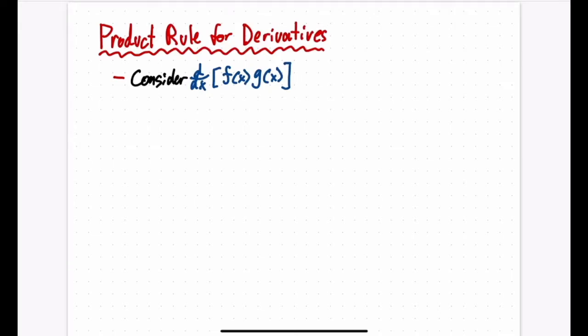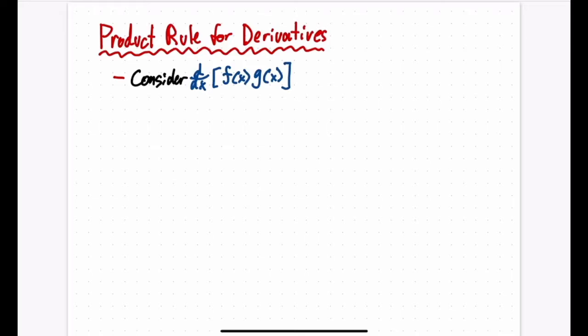But consider if f of x was maybe sine of x and g of x was x cubed. Those two things cannot be multiplied together. They're not compatible. So in that case, we need a way to be able to calculate the product rule of two functions that aren't compatible to be multiplied into one function.